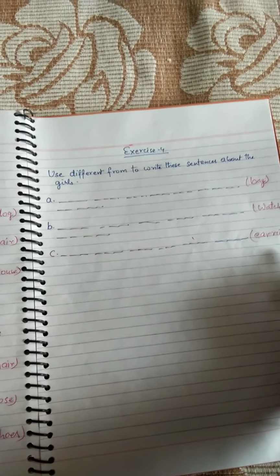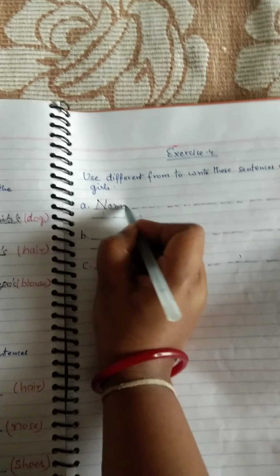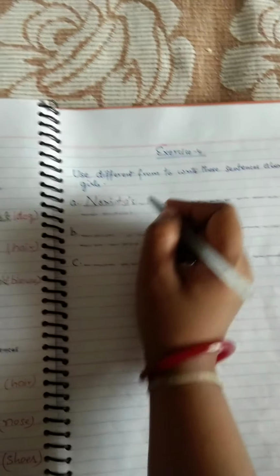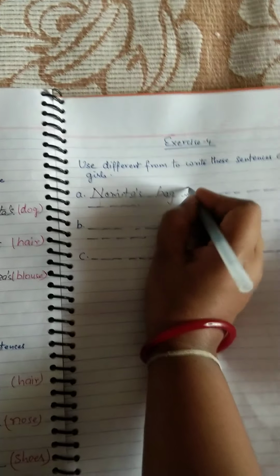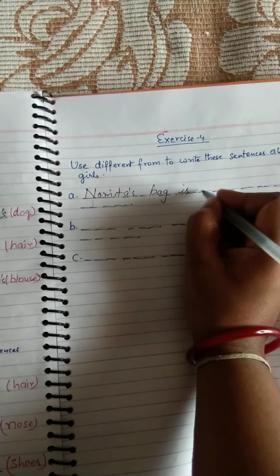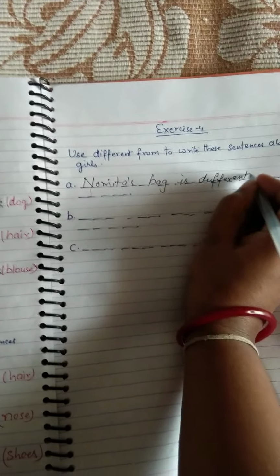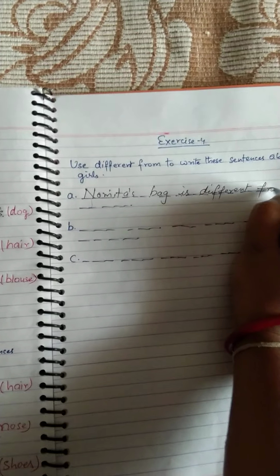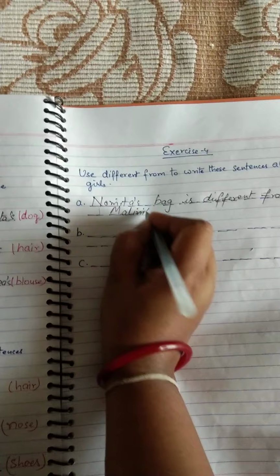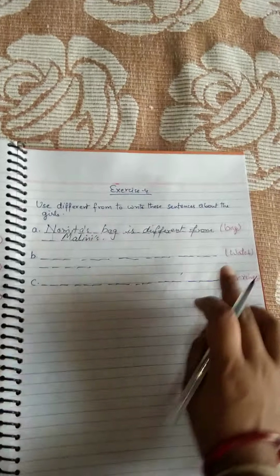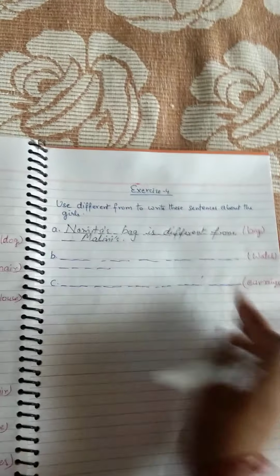So you can write like this: Namita's bag is different from Malini's. You can complete it like this. The bag option is there. We can use bag and the word different also. Come to the second one.